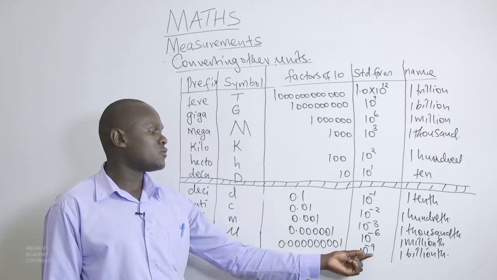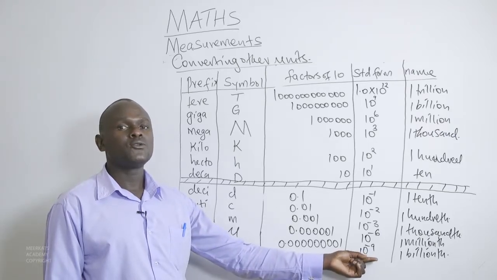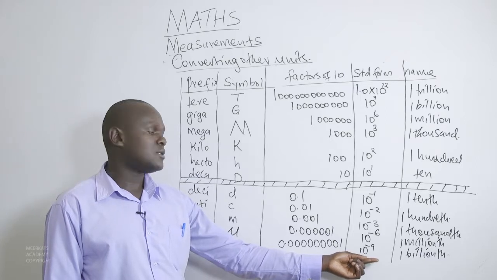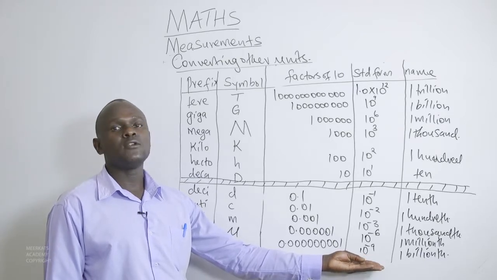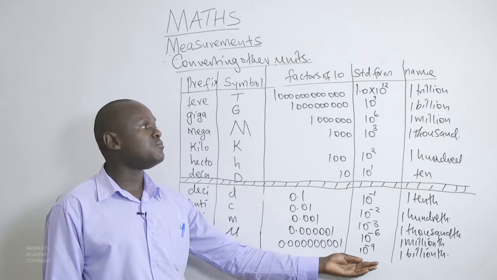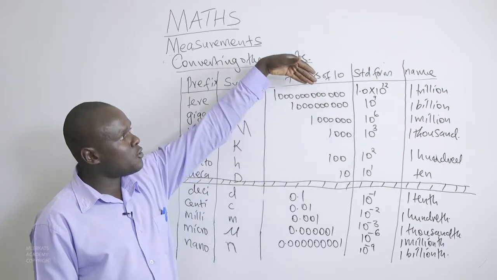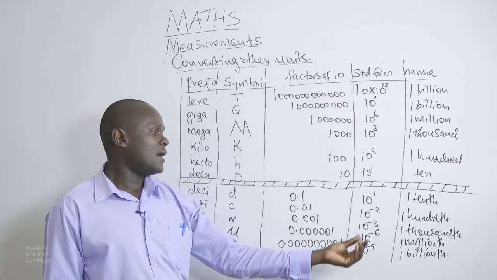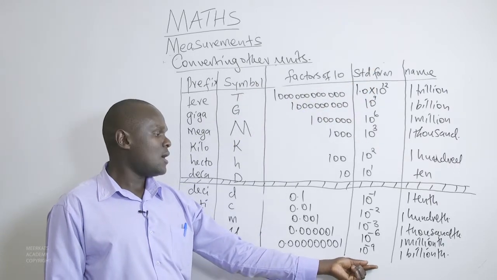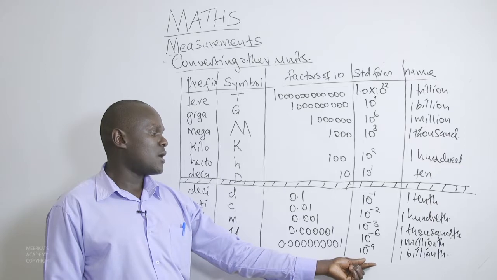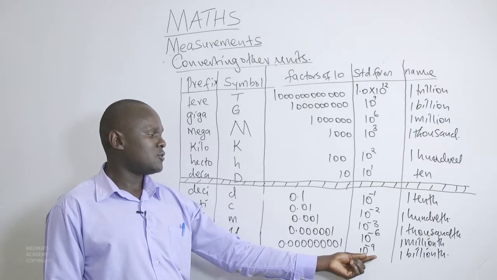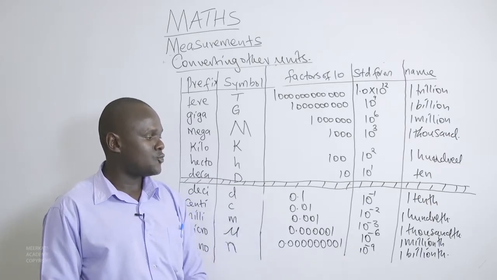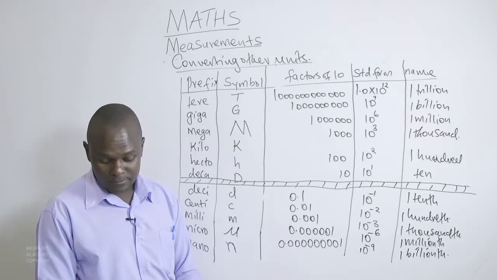So we need to write it in standard form so that it is presentable. This is the scientific standard form of writing small and big numbers. If they are so big like a trillion, you write it as 10 raised to power 12. And if it is so small as a billionth, you write it as 10 raised to power negative 9.